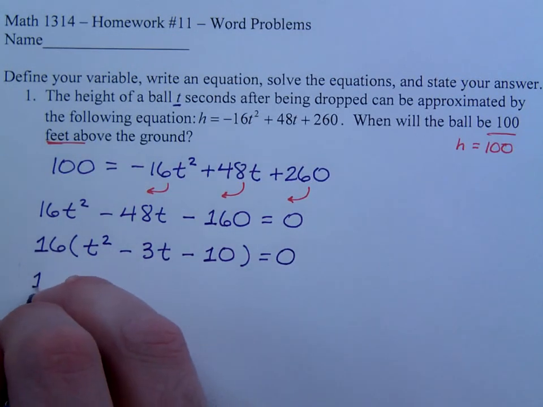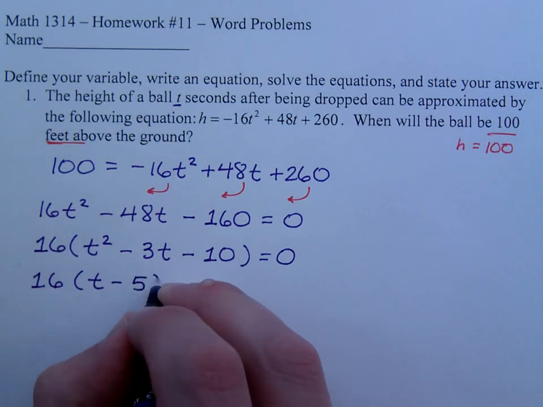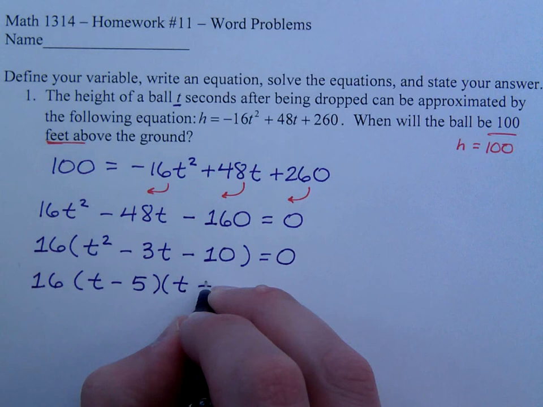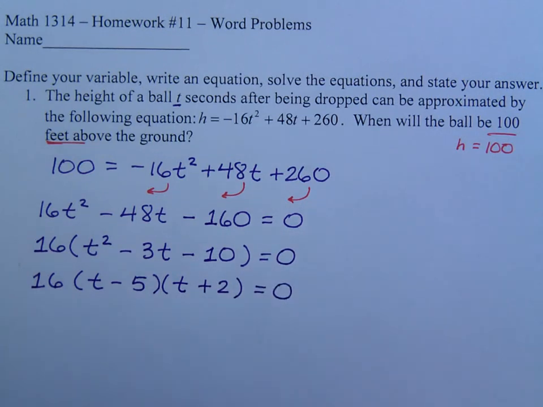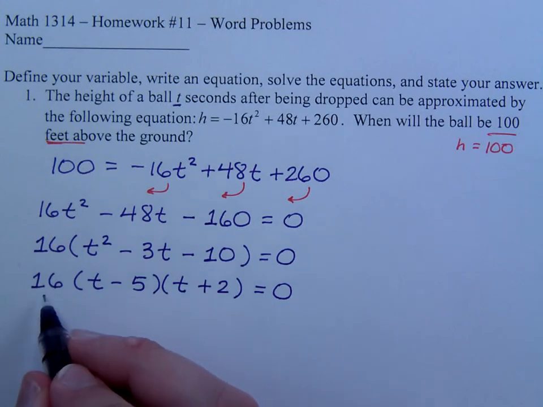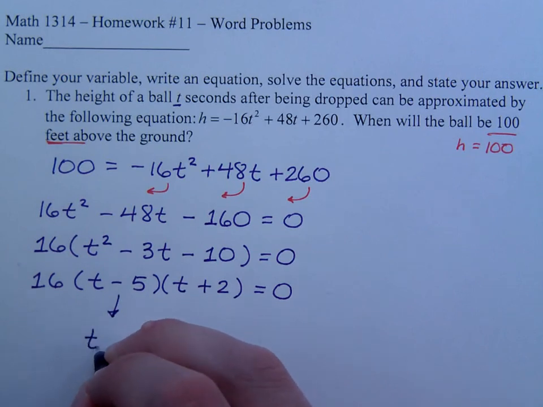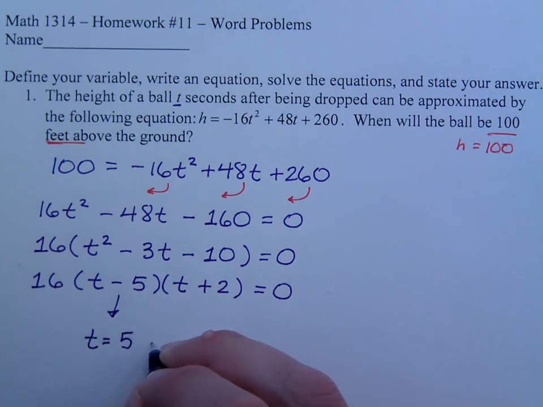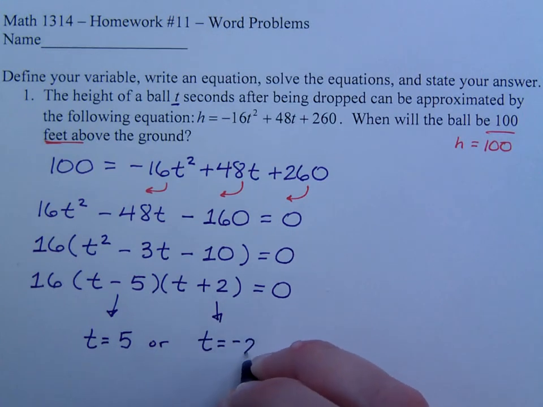When I finish factoring this, so that's t minus 5 times t plus 2, you see that I've got everything factored, so I should be able to find my solutions. 16 cannot give you a solution because it doesn't have a variable. This guy tells you that t must equal 5, or t must equal negative 2.